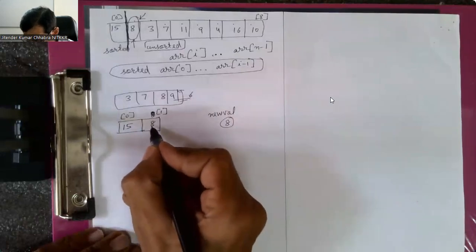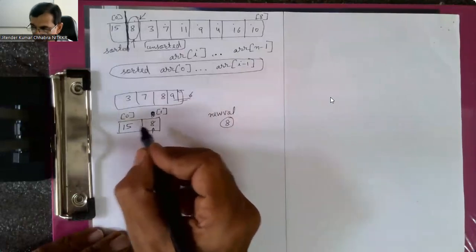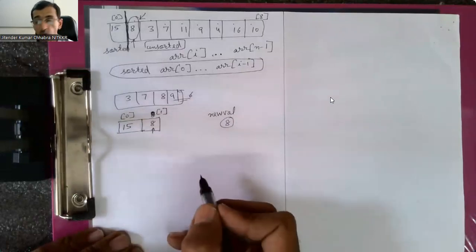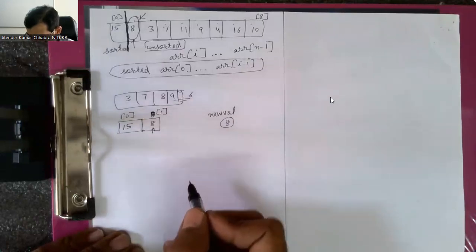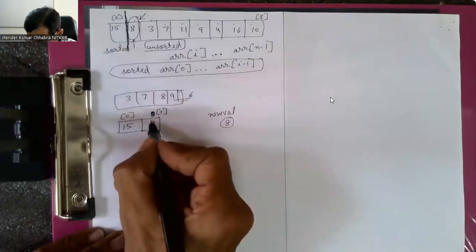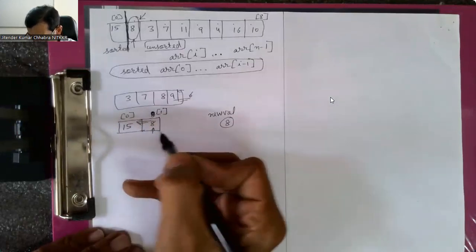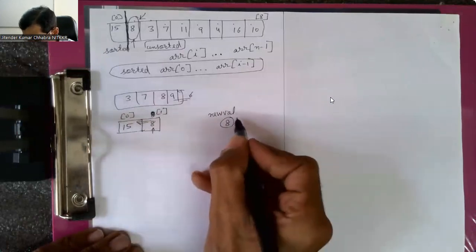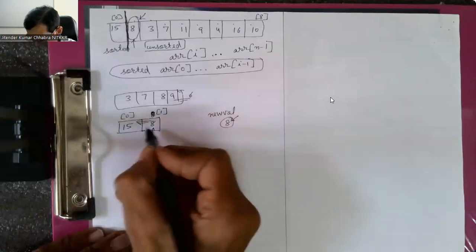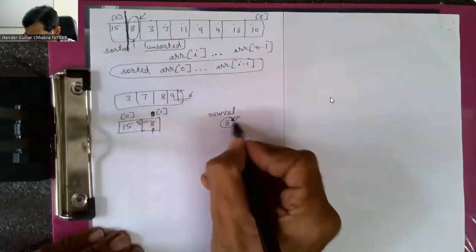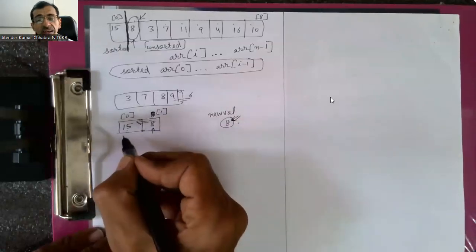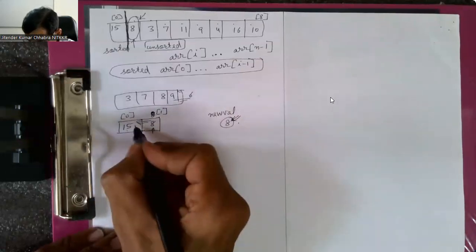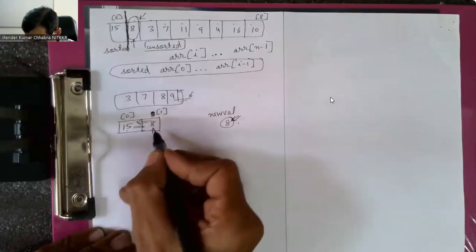Because this space I will be utilizing for shifting my elements if needed, and 8 should not get overwritten at any stage, obviously. So I will compare 8 in the sorted list backwards. Compare this new val 8, not this 8, this new val 8 versus 15. 15 is bigger, 15 needs a shifting.